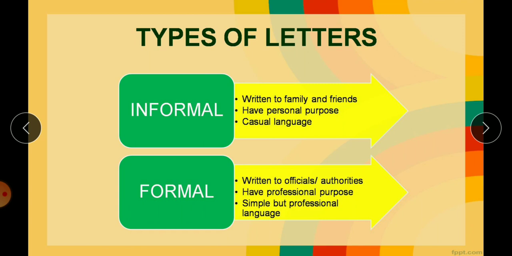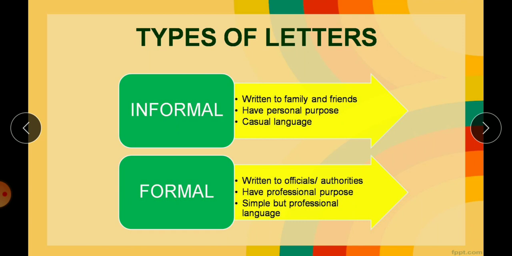Now, if we talk about informal letter, these are written to family and friends. Informal letter आप किसको लिखते हैं? अपने दोस्तों को या अपने family members को या relatives को. These have personal purpose. Personal purpose means आपका अपना कुछ पर्पस है जो आप शेयर करना चाहते हैं अपने फ्रेंड्स या रिलेटिव से.